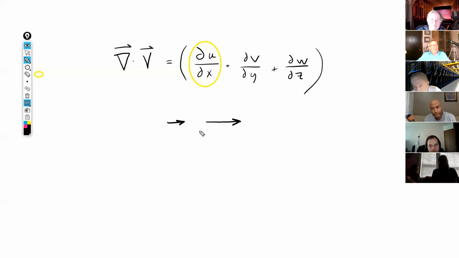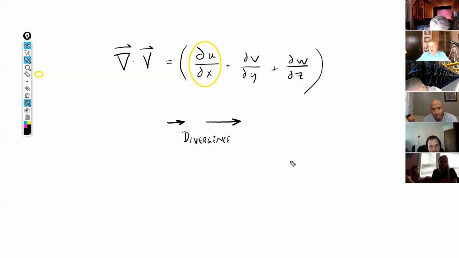Accelerating. You're right, but what is this illustrating? Divergence. Right, that's divergence.